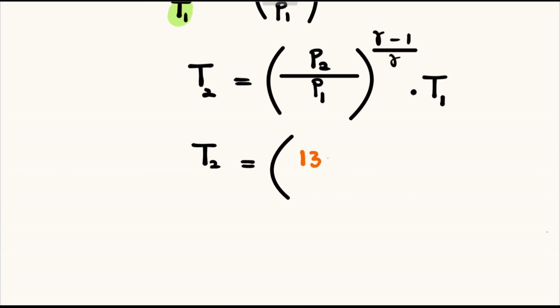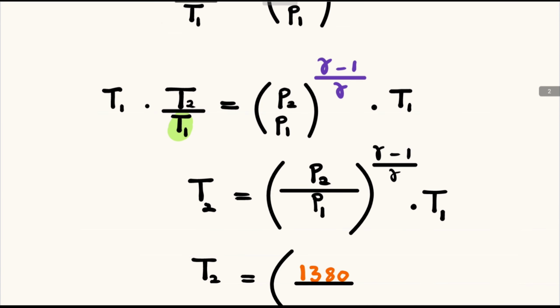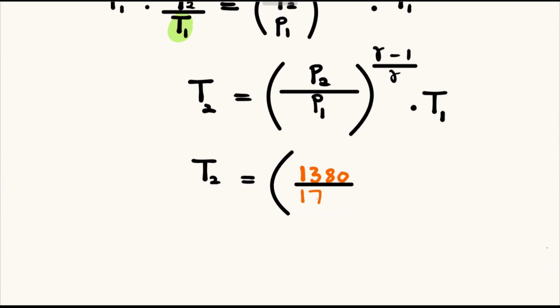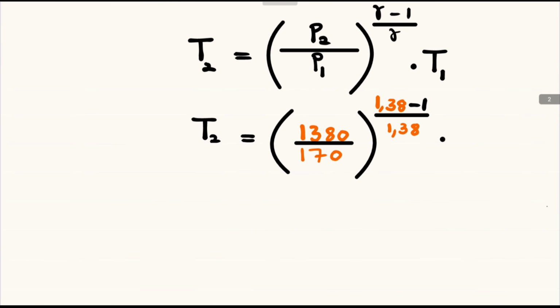So here we have 1380 divided by pressure number 1, which is equal to 170 kilopascals. So you have that 170 kilopascals raised to the power gamma, which was 1,38 minus 1 divided by 1,38, multiplied by the temperature 1, which was 21 degrees Celsius. We converted it into 294 kelvins.